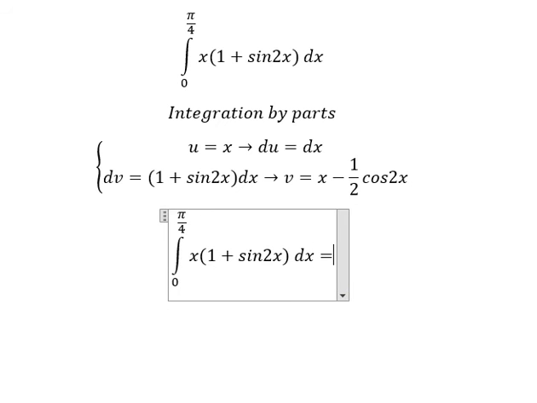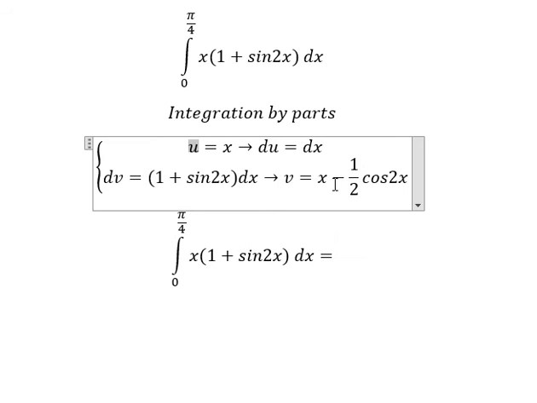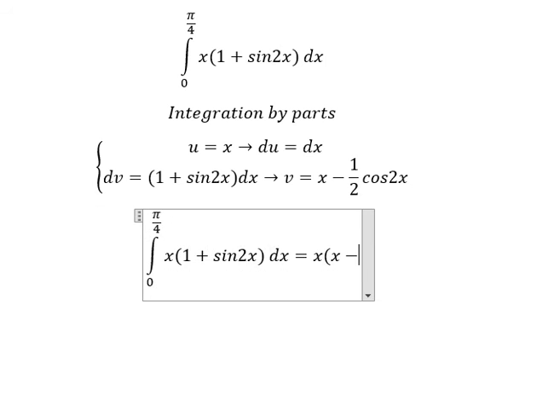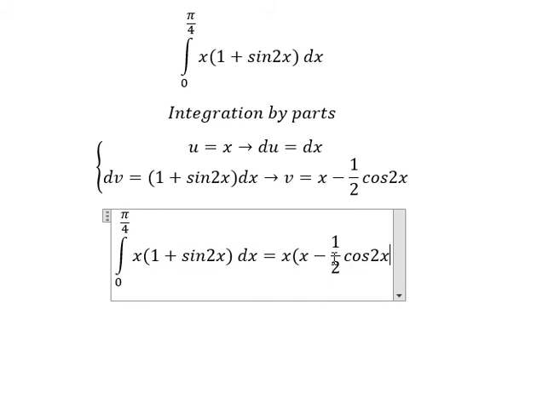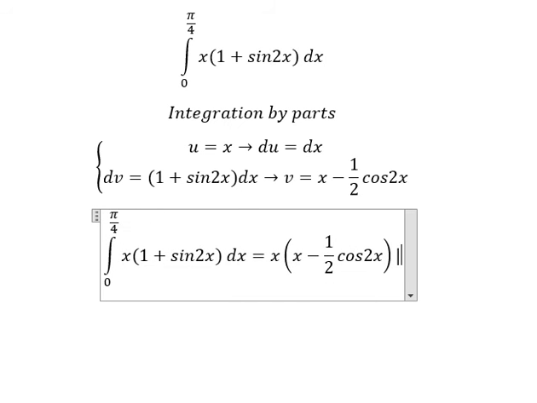So we have u multiplied by v, and then I need to put the bounds from 0 to pi over 4.